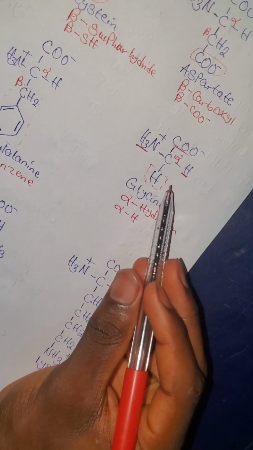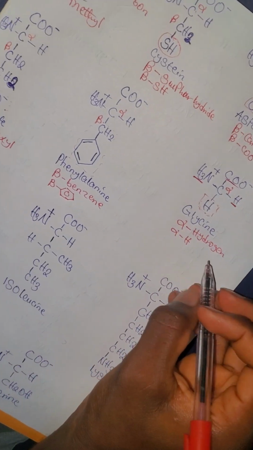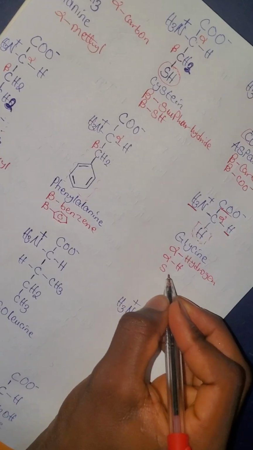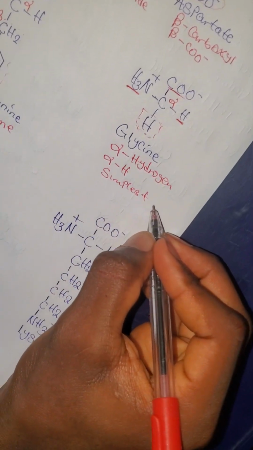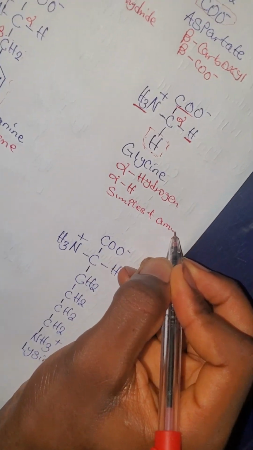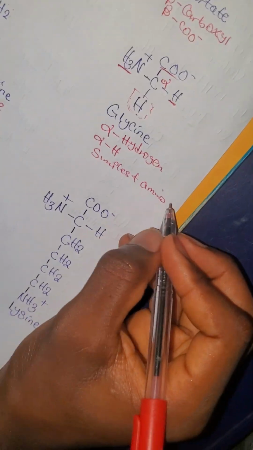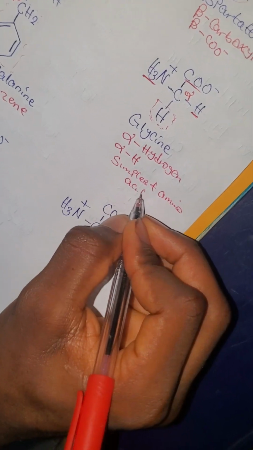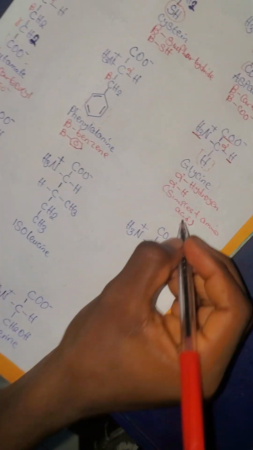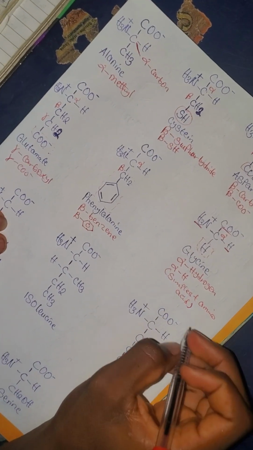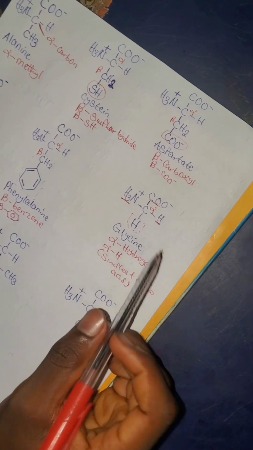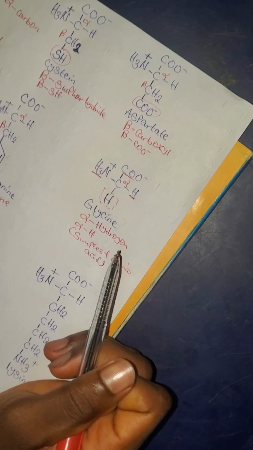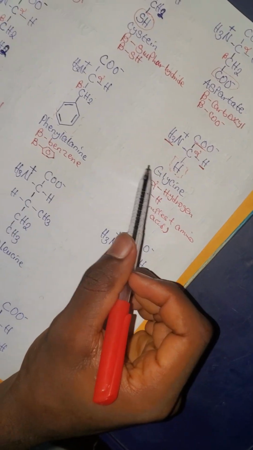So this is just the structure of glycine, and as a matter of fact, it is the simplest amino acid. You should take note of that. It is an objective question. It might decide to ask you to name the simplest amino acid. It is glycine.